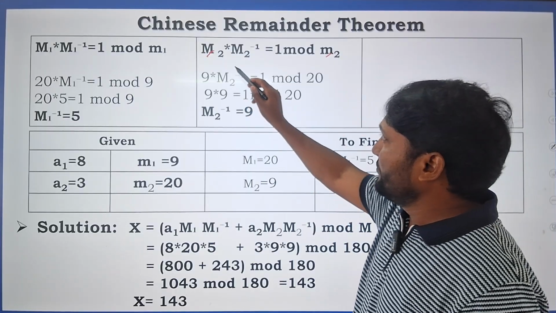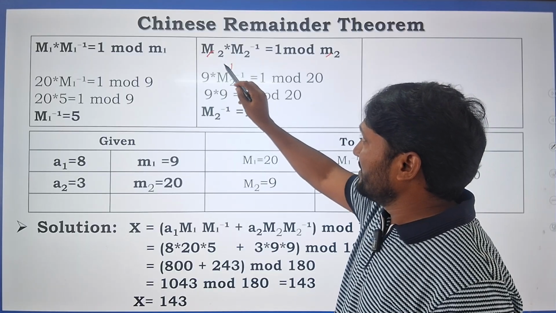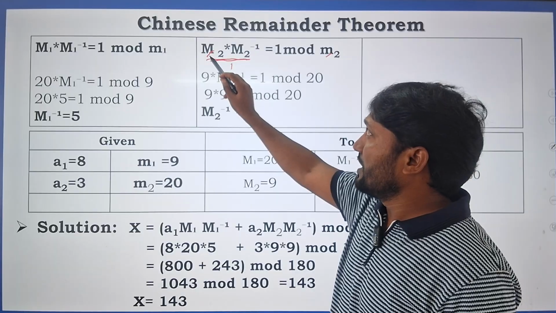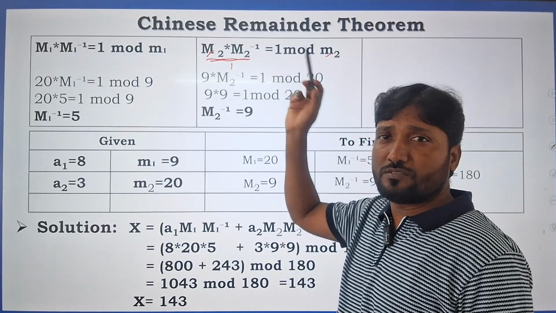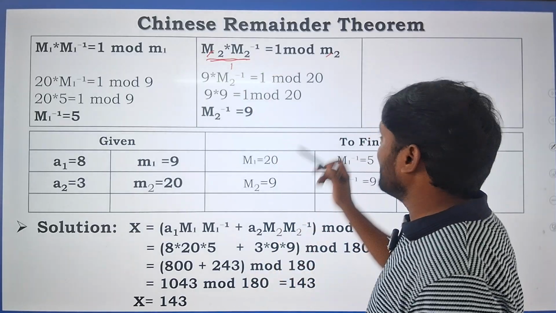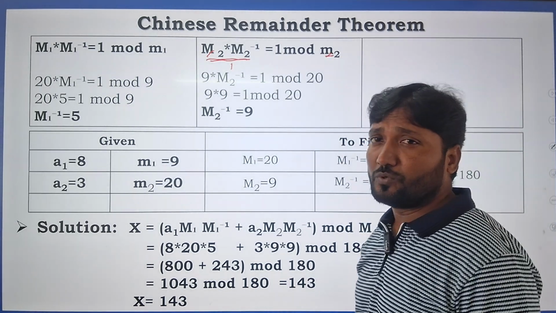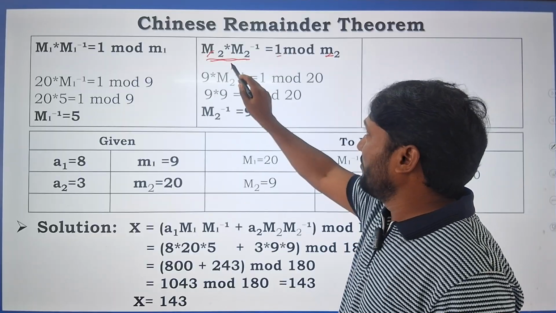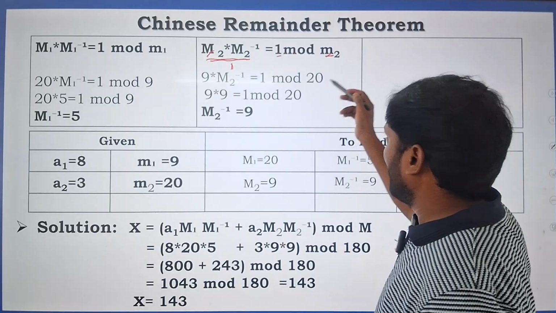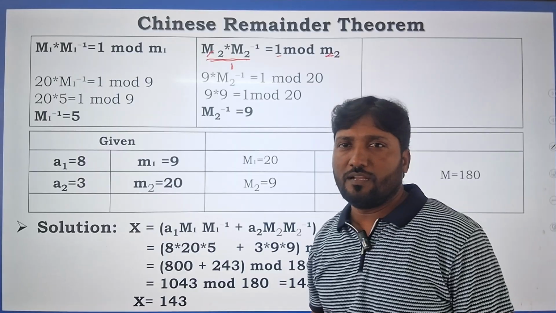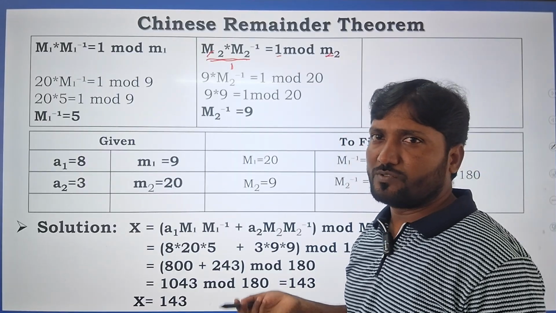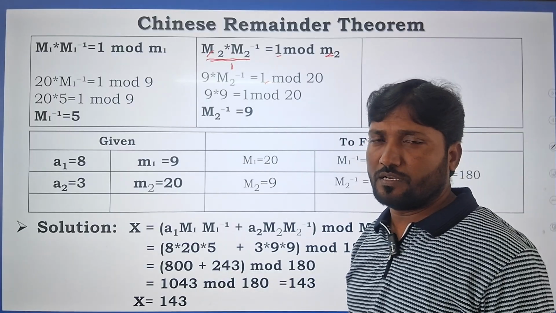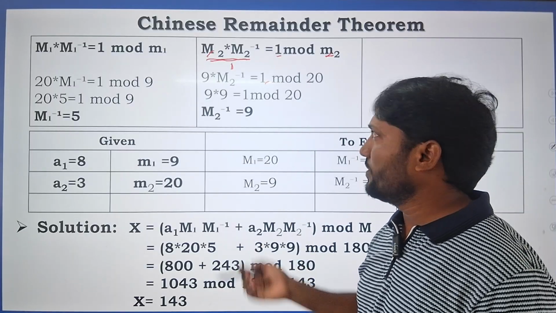That means if you apply the value here, the multiplied value divided by m2, the resultant value must be 1. Now apply 1: 9 ones are 9, it cannot be divided by 20, so it is not equal to 1. Similarly 2: 9 twos are 18, it cannot be divided by 20, and so on.